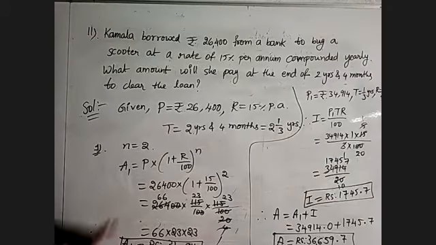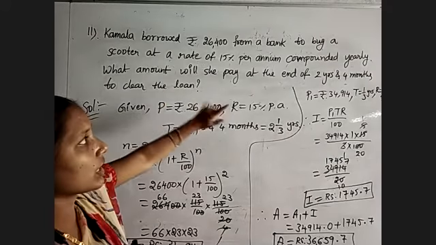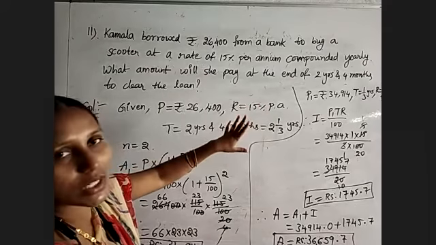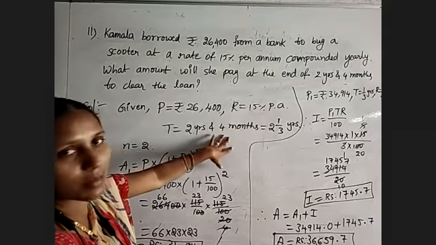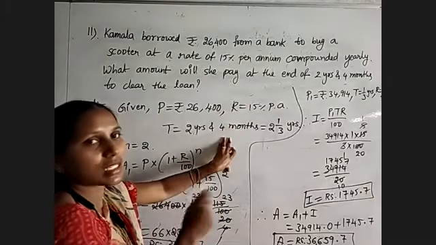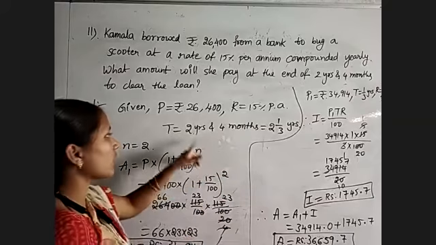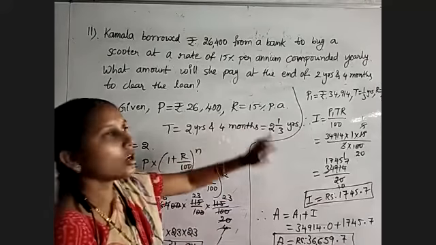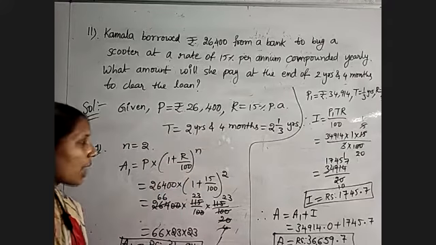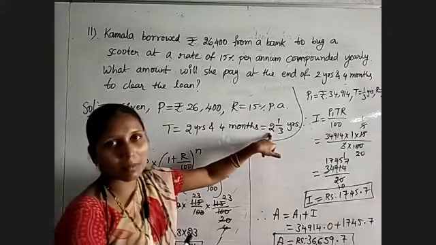Okay, observe the problem once again. Here they are given that the interest is compounded yearly. So there is no change in rate of interest as well as number of conversion periods. But here they have given time in years as well as months, which means we are going to make it a fractional form. So whenever you get the fractional form, first calculate the compounded amount for the whole number part.